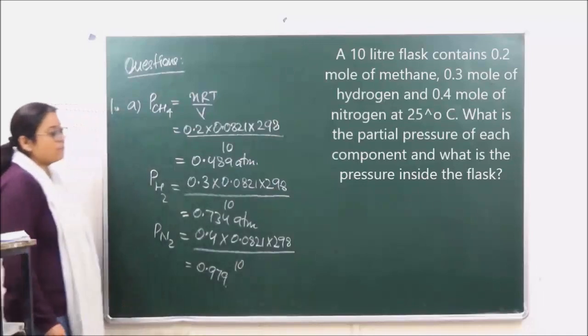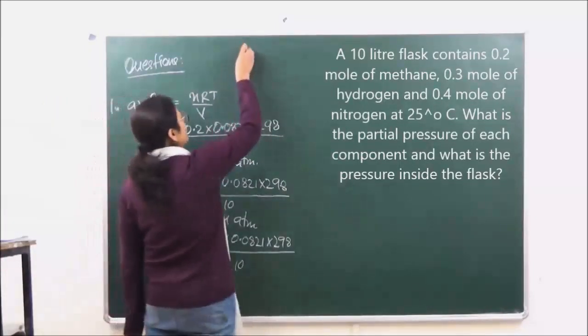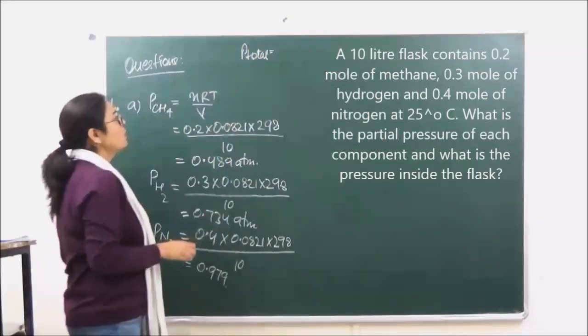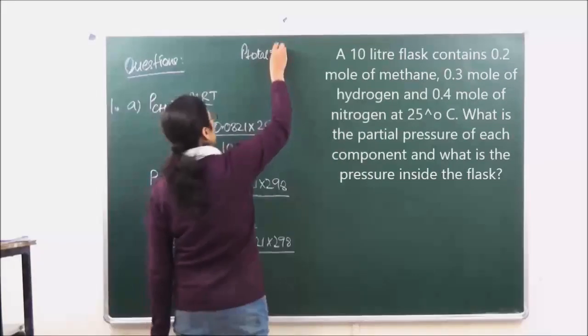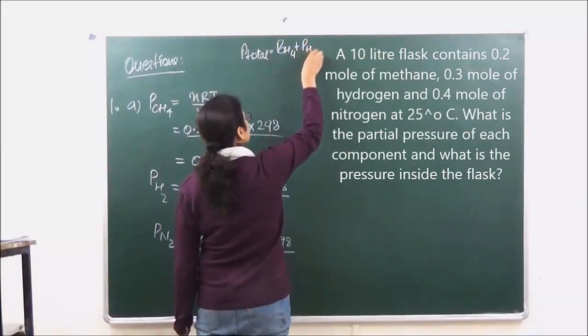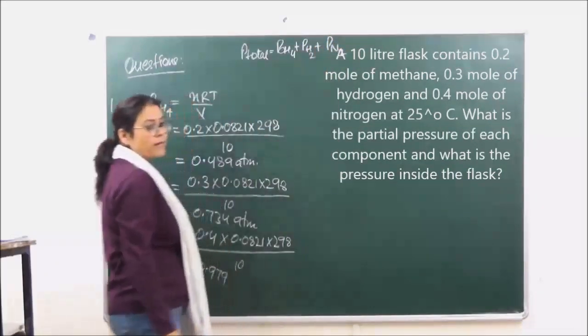Now once we have the partial pressures of each, we can calculate P total. So P total, that will become equal to P of CH4 plus P of hydrogen plus P of nitrogen.